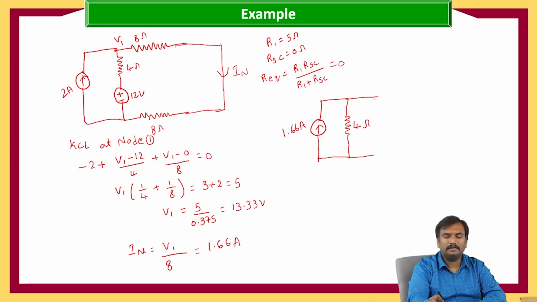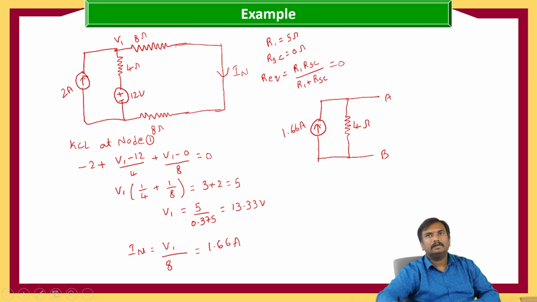So this is the Norton's equivalent between AB terminals. This is the way we have to calculate Norton's equivalent.